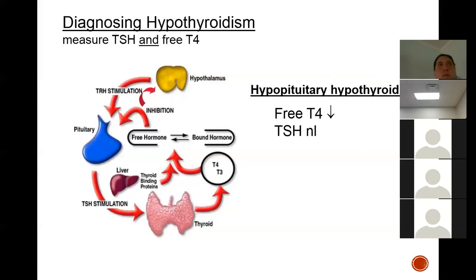Okay, so usually you're going to get a free T4 that's low and a TSH that's normal if you've got a central problem. Central hypothyroidism is tricky to diagnose because sometimes you're just capturing someone in an illness and their TSH is either low or normal along that curve. If you follow it, you'll find they're okay.